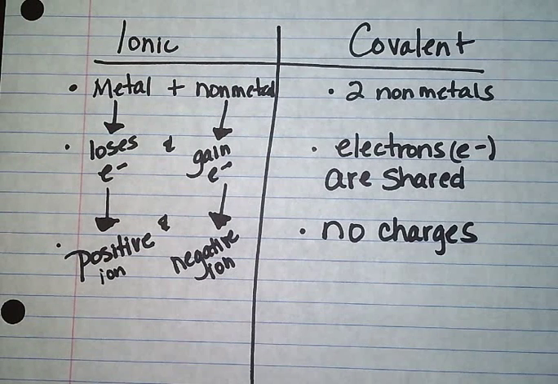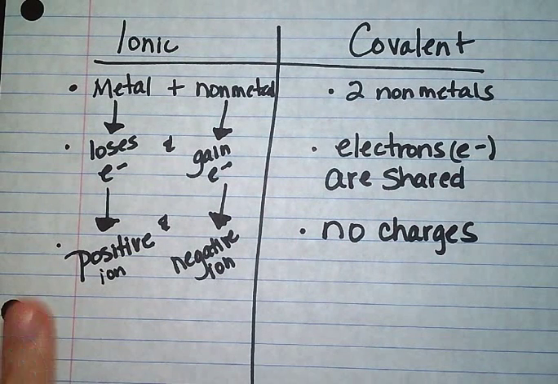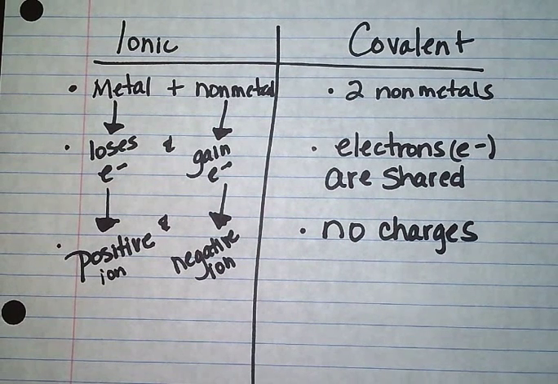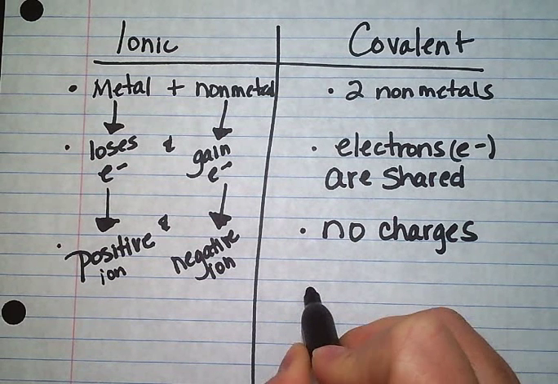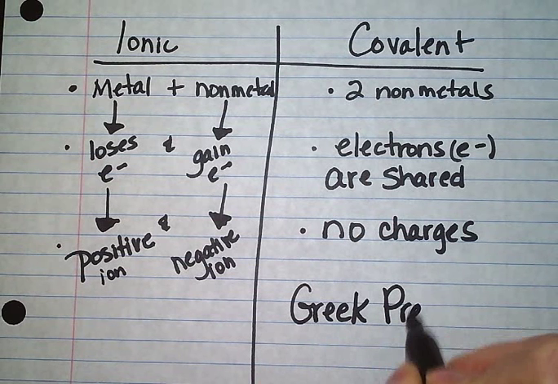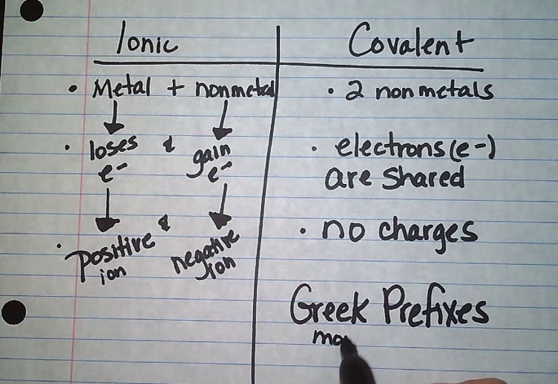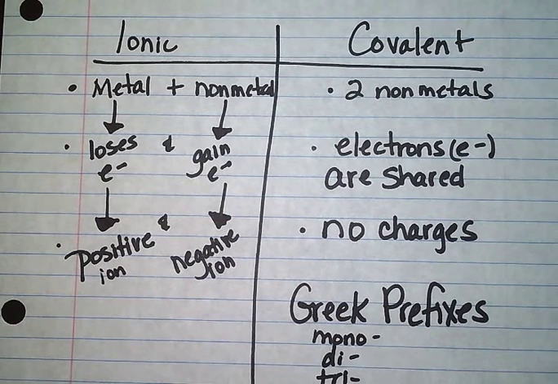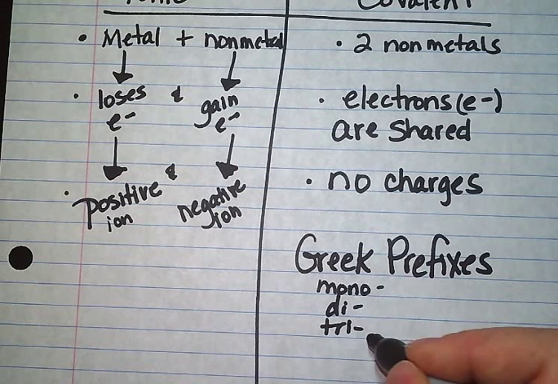So when we're naming these, once you realize this, we learned some prefixes yesterday in class. We learned the Greek prefixes: the mono, the di, tri, so on and so forth, tetra, penta. You've got a list of those if you just flip back in your notebook one page. So those are the prefixes I'm talking about.